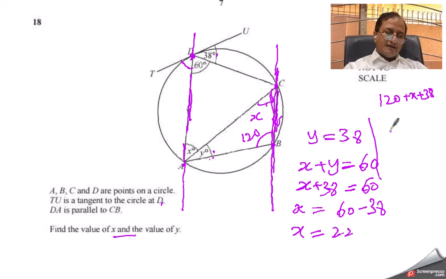Now we have to solve over here: 120 plus x plus 38 equals 180. We're supposed to take this triangle as well.